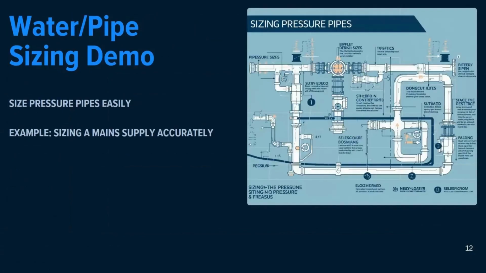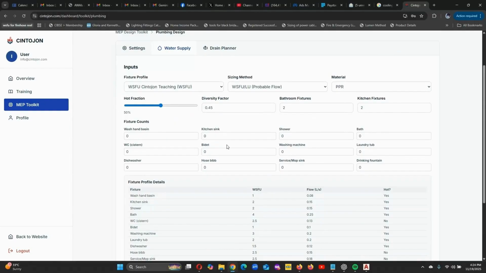Or perhaps you want to take water into a building, you can easily size your pipes efficiently. For instance, say sizing a mains. Let's see how we do that with the Cintojon MP Design Toolkit. You want to determine the size of, say, a riser or a mains. You understand? So you want to look at the number of fixtures.